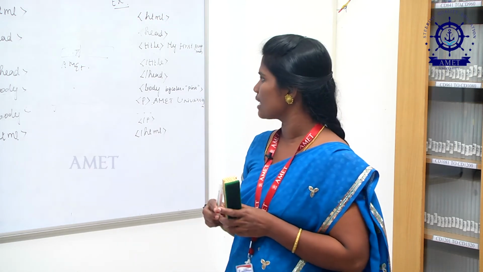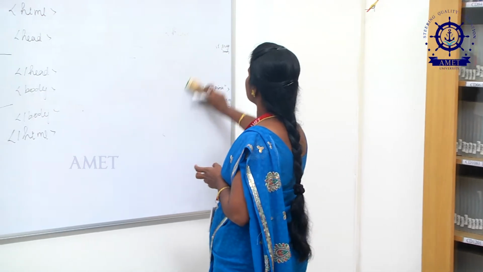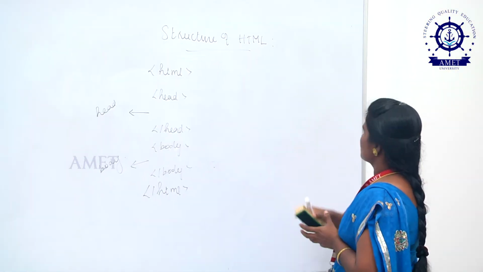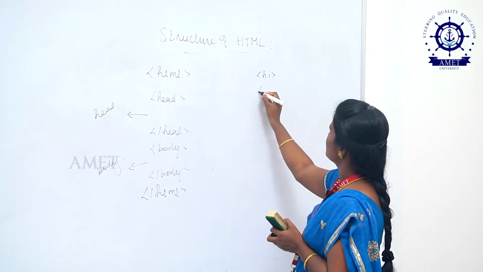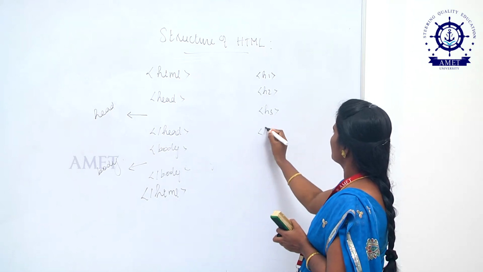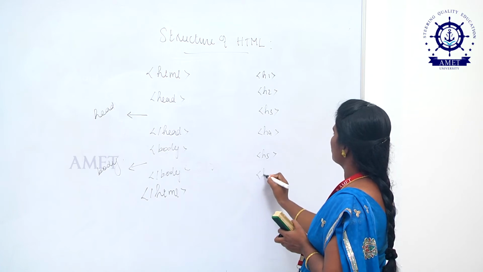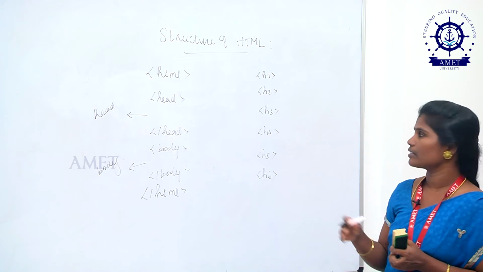Actually, there are 6 levels of heading tags available in HTML. They start from H1, H2, H3, H4, H5, H6. So there are 6 levels of heading tags.